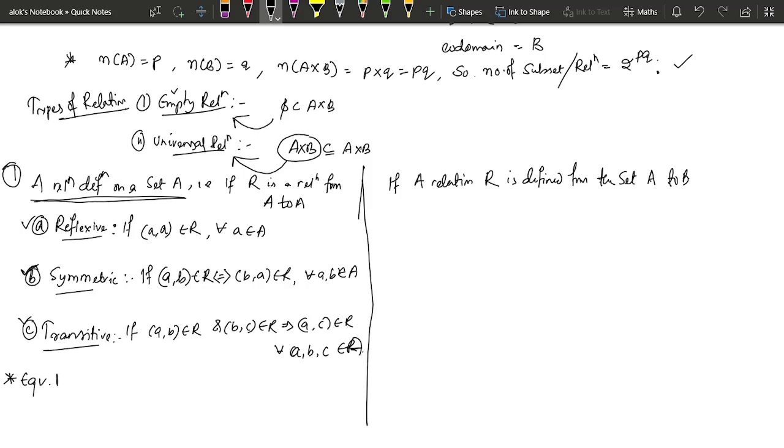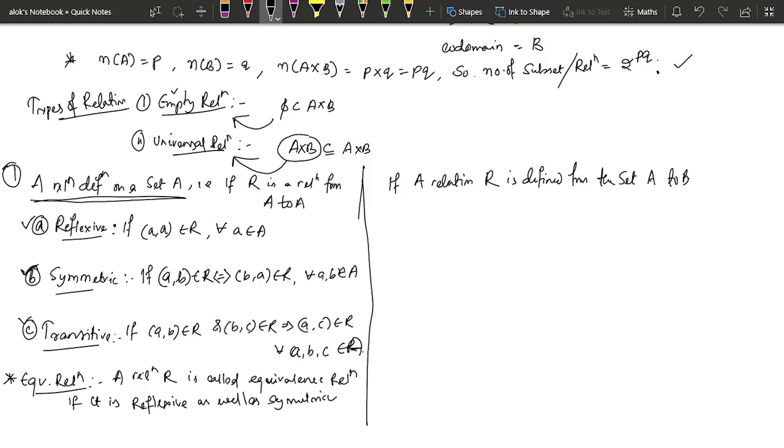A relation R is called an equivalence relation if it is reflexive as well as symmetric and transitive.